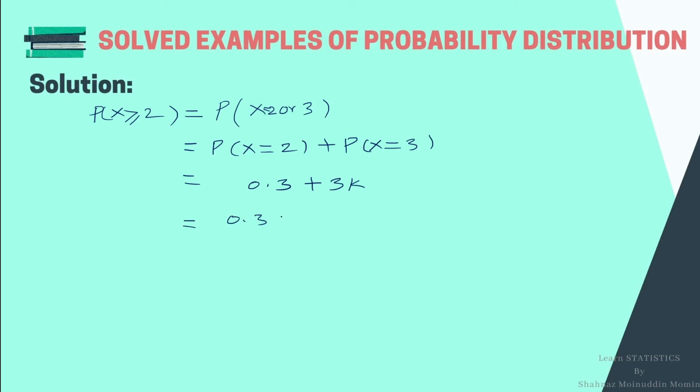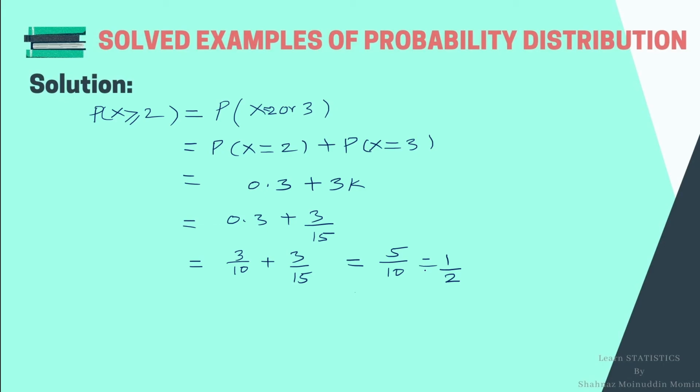So it is 0.3 plus 3 by 15, which after simplifying comes out to be 5 by 10, which is 1 upon 2. This is the value of probability x greater than or equal to 2.